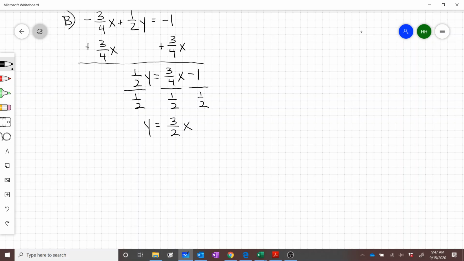And then -1 divided by 1/2, that's -2. So there's your equation in slope-intercept form. Your slope is equal to 3/2. Your y-intercept is equal to -2.